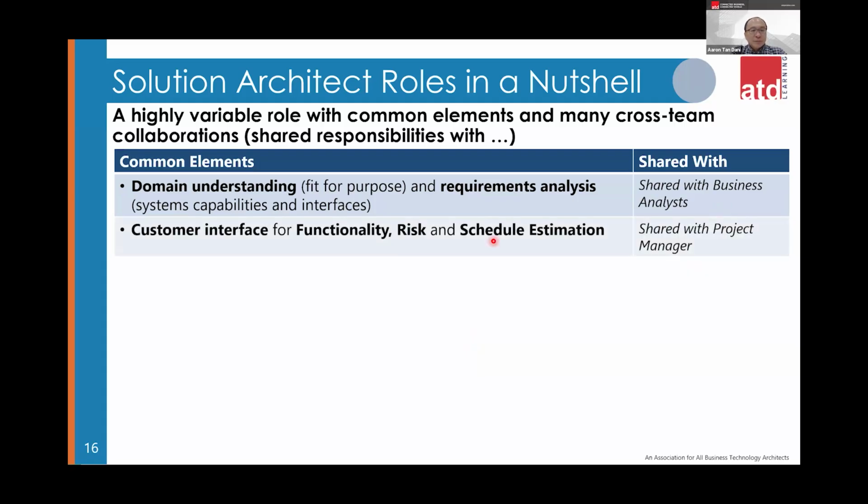Then when you do customer interface for functionality, risk, and schedule estimation, we work closely with the project manager. The project manager will be happy if you can help validate schedule estimation, functionality, and risk.